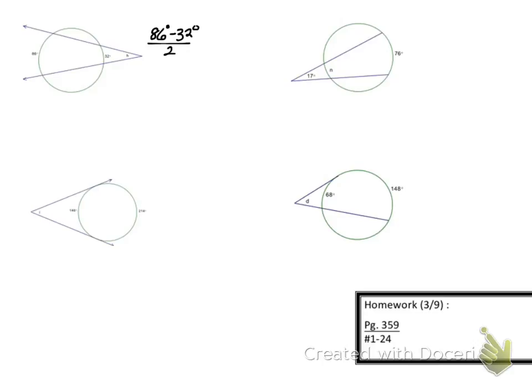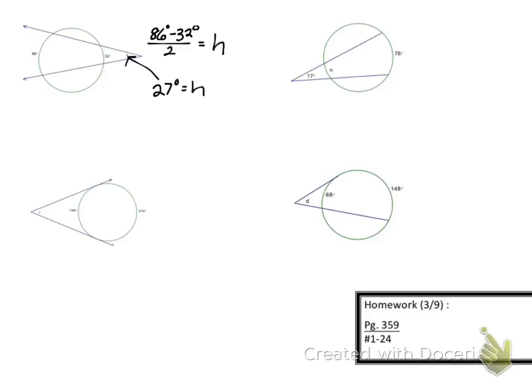I'm going to divide by 2, and that's going to equal my angle. So that's how I highly suggest you do these, especially when you have missing information. Do big minus small divided by 2 equals your angle. What does that come out to? Yeah, 27. So we have 27 degrees equals h, and we are good.